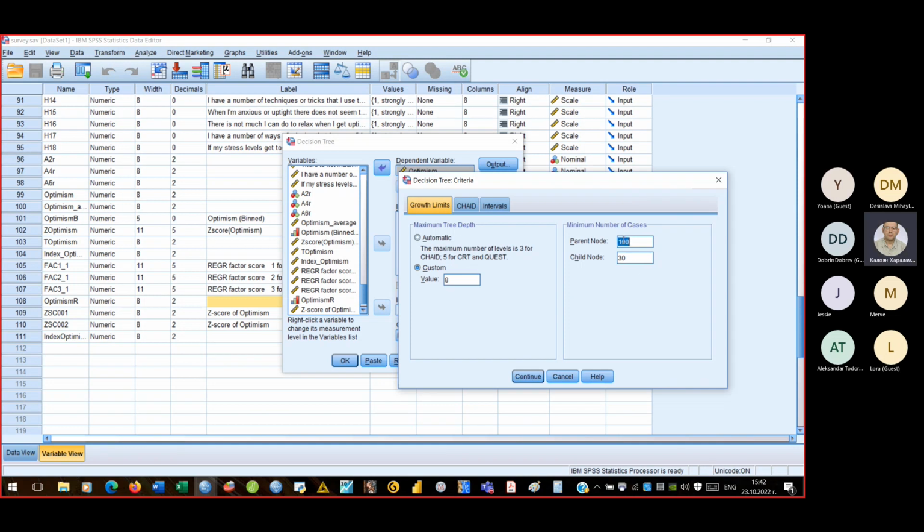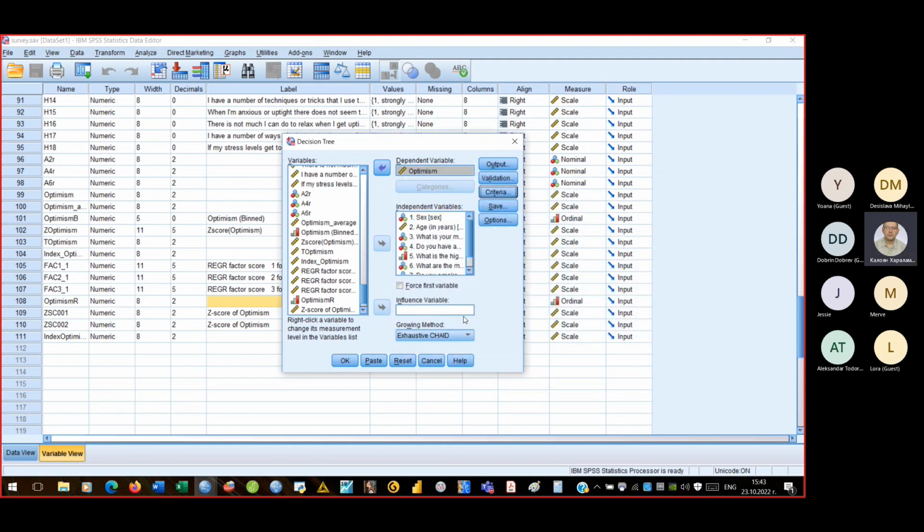And here in parent node, we also will change, 2 times 30 is 60. But what does parent node mean, and what does child node mean? Let's press continue, OK.